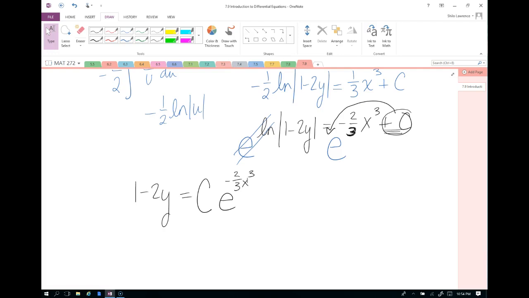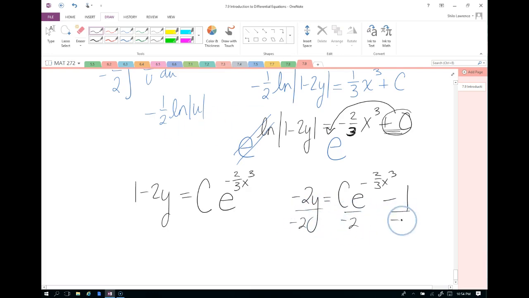And we're trying to solve for y here, so we just have a little bit more algebra to do. We're going to subtract the 1 over. And then we're going to divide by negative 2. You really do not need to divide your c by negative 2.